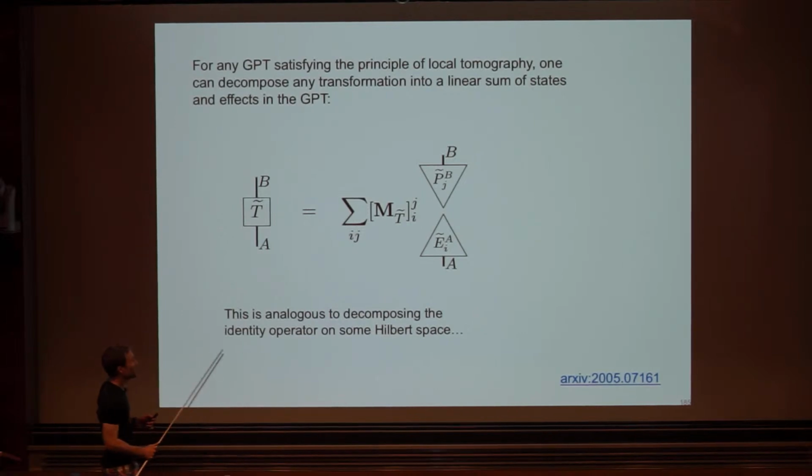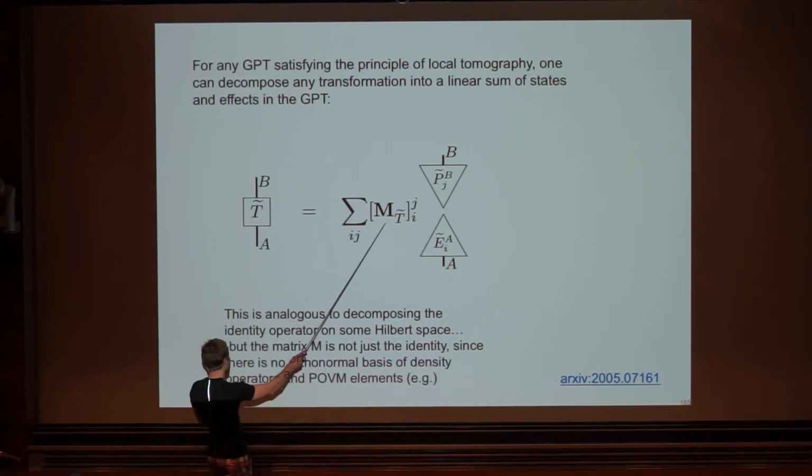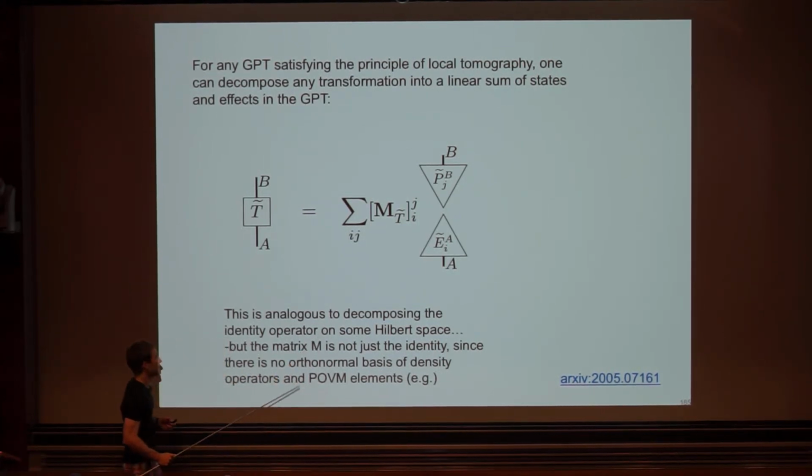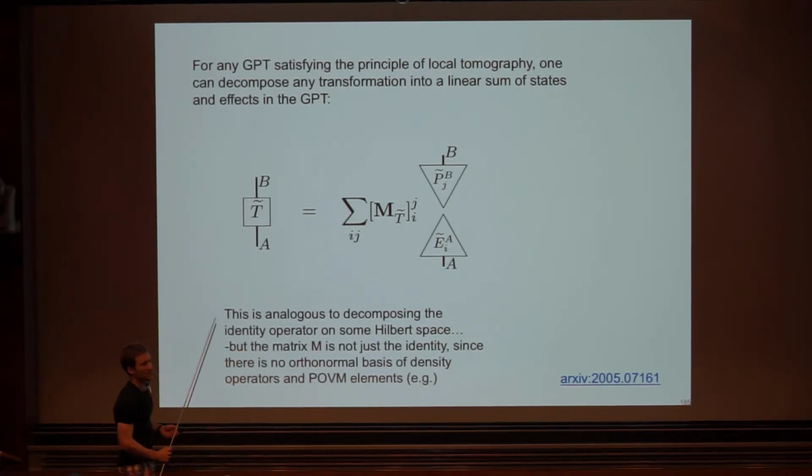And so this is kind of like decomposing the identity operator on a Hilbert space, but it's not really quite the same because this matrix M here is not the identity matrix. It can be very complicated and ugly because there's no orthonormal basis of density operators and POVM elements for the quantum example, and similarly for arbitrary GPTs. But in any case, you can find some real matrix of coefficients where this decomposition holds.